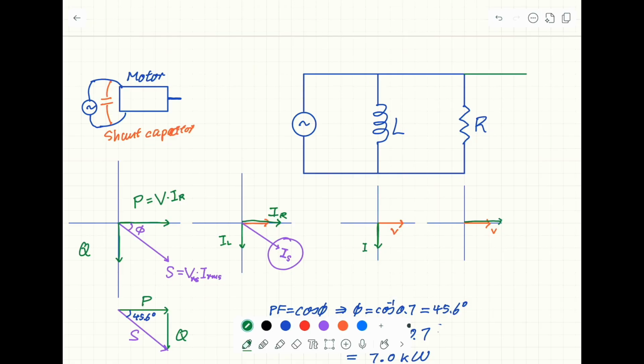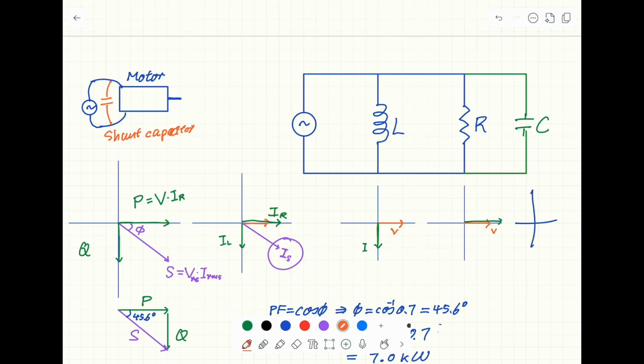We have here, and then we have another capacitor C. So what happens is, after you connect the capacitor here, the voltage across the capacitor remains the same as the voltage across the R and L. But this time, remember, for the capacitor, the voltage lags 90 degrees behind the current.